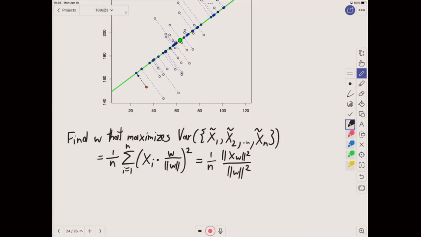So get rid of the summation, and replace it by a matrix vector multiply, X times W. And of course, the reason why I wrote this out is that when you do this, it exposes the matrix that we're taking the eigenvalues and eigenvectors of. You can see that it actually appears in our objective function.